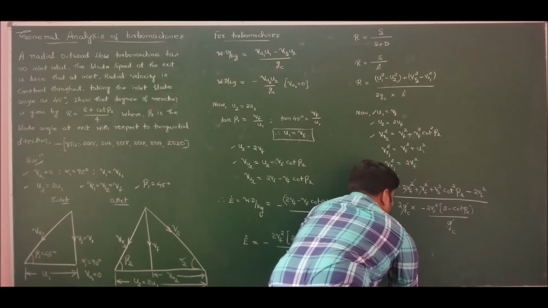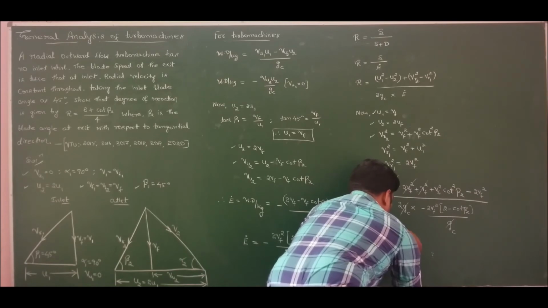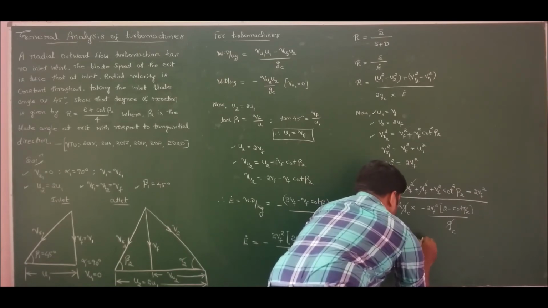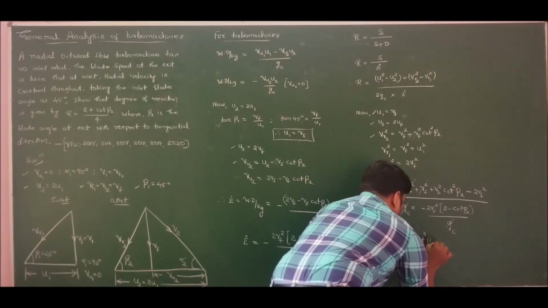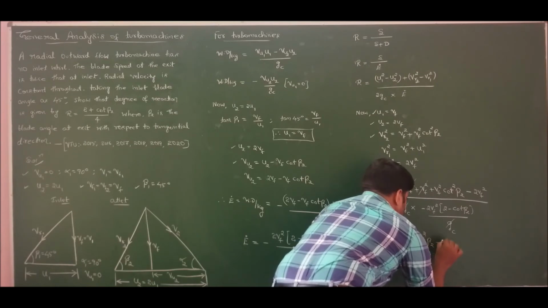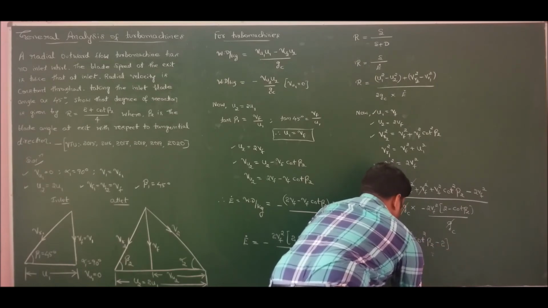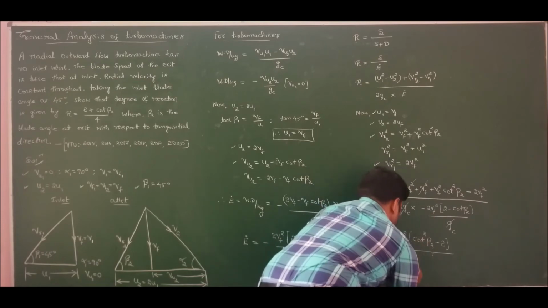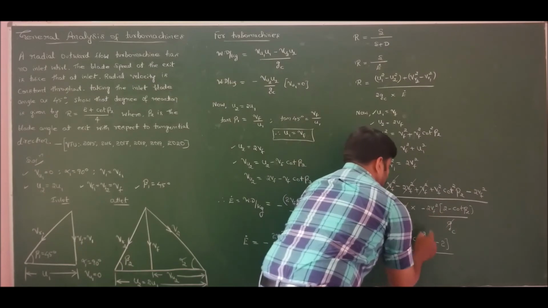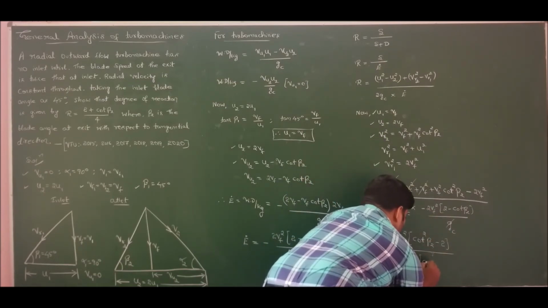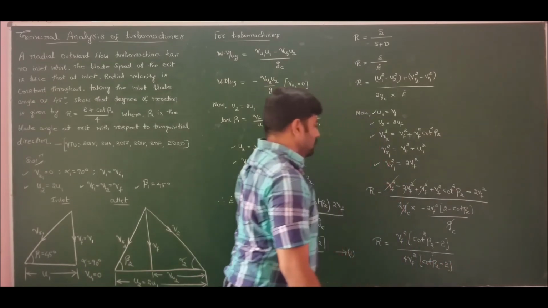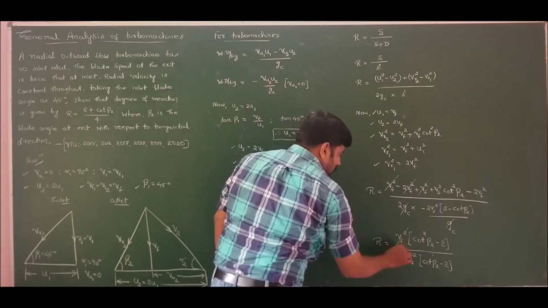If I take VF square common, I will get VF square of cot square beta 2 minus 2 in the numerator divided by 2, 2s are 4 VF square, multiply minus sign inside. If I multiply minus sign inside, I will get cot beta 2 minus 2. Cot beta 2 minus 2. So now I can cancel off VF square.